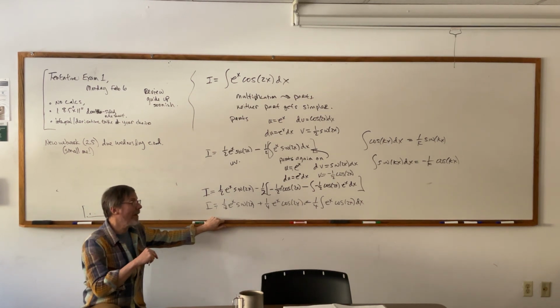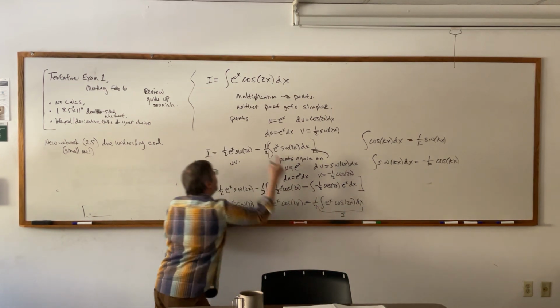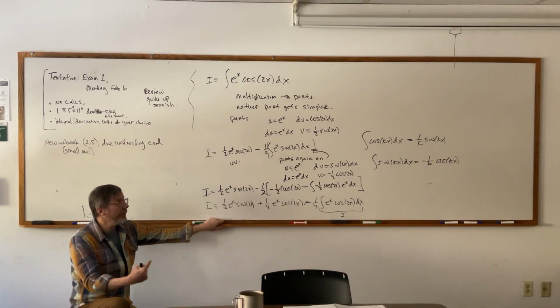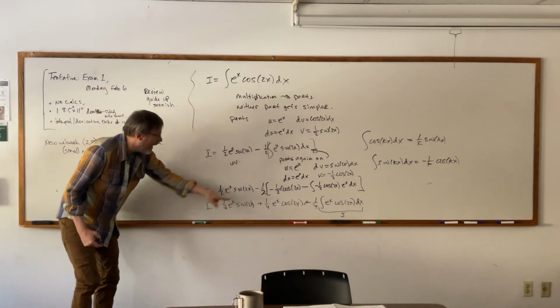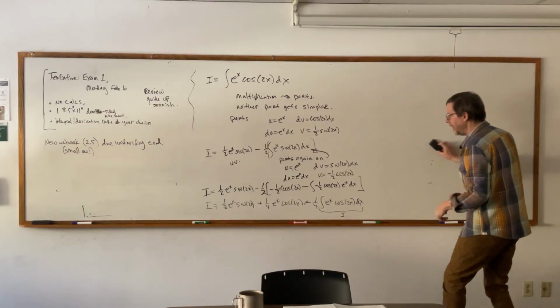Anything else look familiar? That's the original one we're looking for. Check it out. Right here is the actual original integral. So it appeared within this process. So I'm labeling it as I because watch this. This is a very strange move, but it's a really neat move.